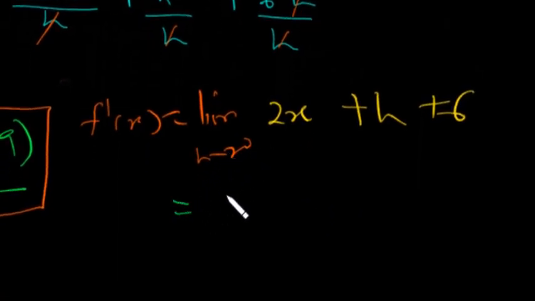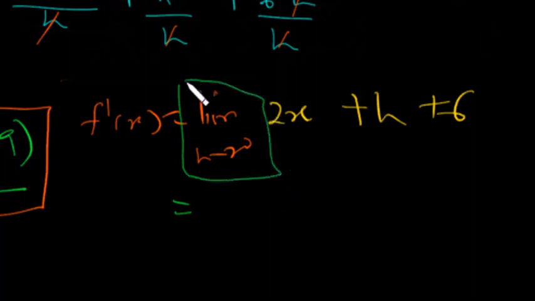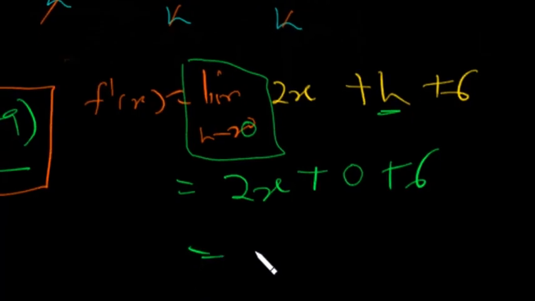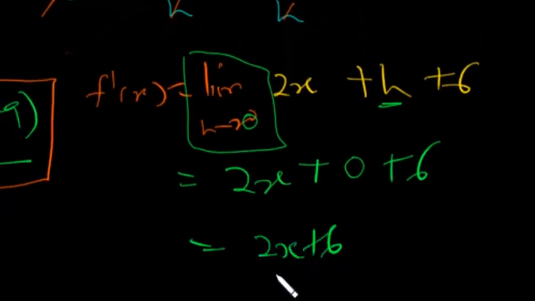So we can go on to find the limit, and when you're finding the limit, you don't write the limit again. So we write 2x. Finding the limit as h goes to 0 means that wherever we see h, we write 0, because h is approaching 0. It tends to 0. All right. So we have 2x plus, here we have h, so we write 0, plus 6. And the final answer is 2x + 6.